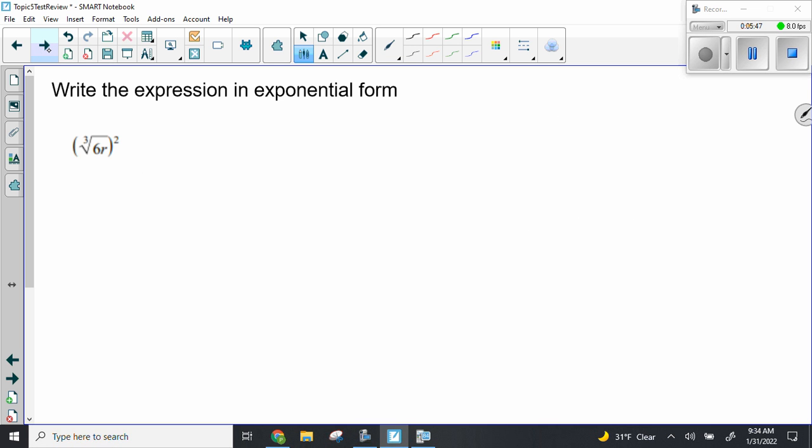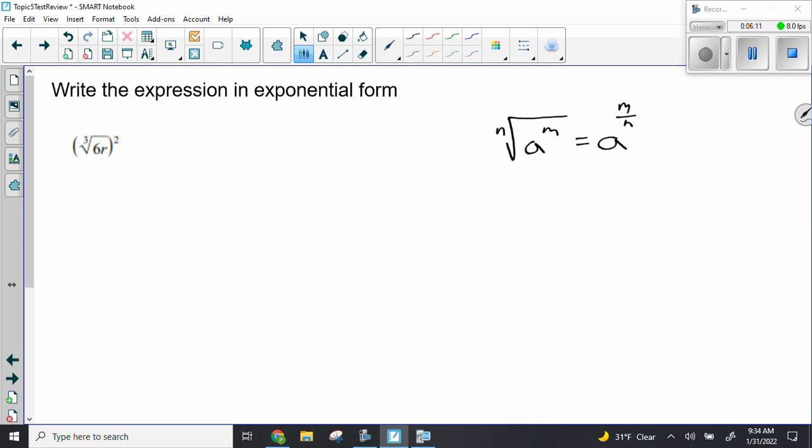Let's write this expression in exponential form. The property I'm going to use here actually goes both ways, so I'm going to write it both ways for you. It tells me that if I have some nth root of a to the m, I can write that as a to the m over n power.